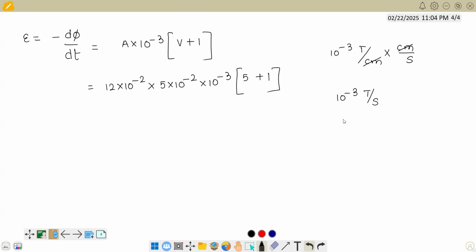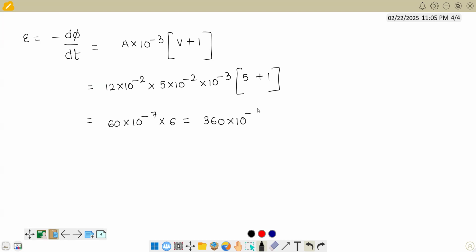So ultimately this unit and this unit would be the same only. It might look like we are adding two different physical quantities. Okay, so let us do it. 12 5s are 60 into 10 power minus 7 into 6. So we got 360 into 10 power minus 7, or 36 into 10 power minus 6.